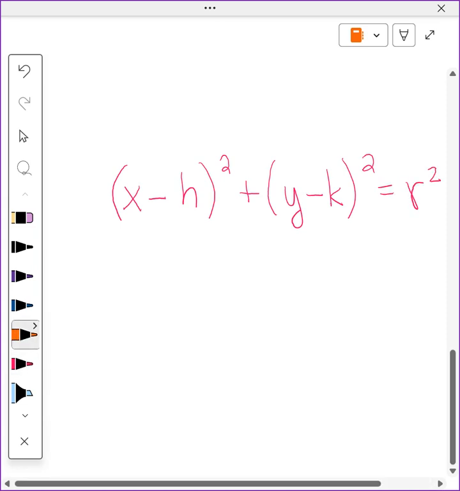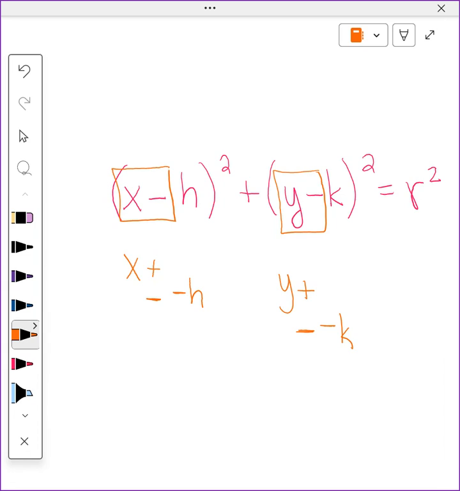So this doesn't change and this doesn't change. That's like part of the parent formula, just like point slope form. If you have an x plus something, you have to remember that came from minus a negative h. If you have a y plus something, you need to remember that came from minus a negative k. Does that make sense? Yes or no? Yes. Okay.